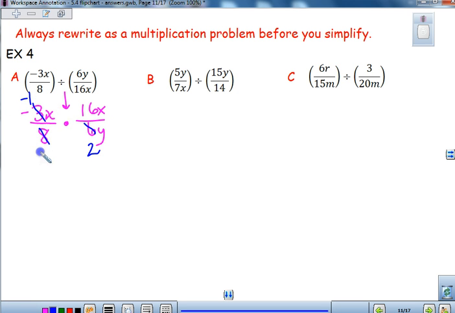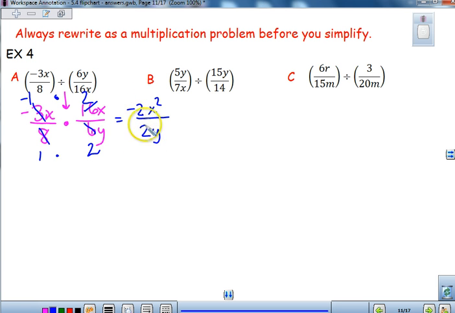I also notice that 8 goes into 8 once and into 16 twice. So in my numerator, I have negative 1 times 2, which gives me a negative 2, x times x gives us x to the second. In my denominator, I have 1 times 2 times y, which gives me 2y.